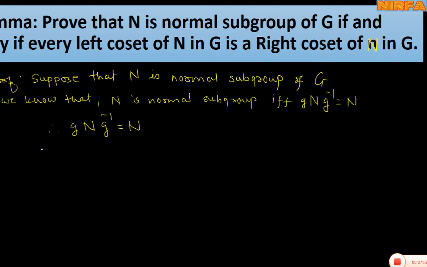So you may write, multiplying G on both sides from the right.